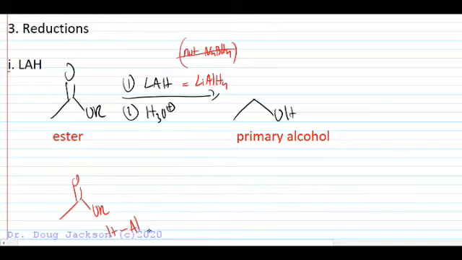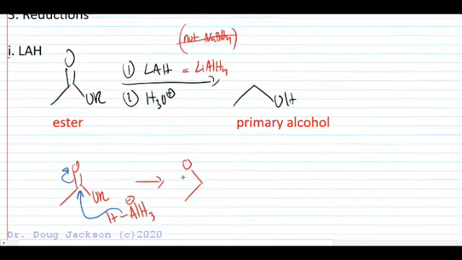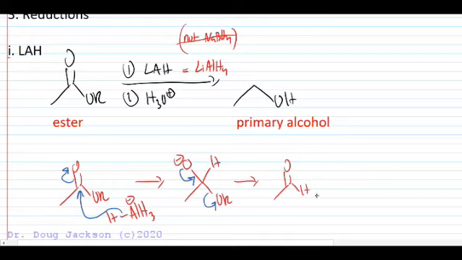So what do we do? We take our hydride from aluminum hydride. It acts as a nucleophile to that carbonyl, makes a tetrahedral intermediate. Not reversible because hydrogen is a poor leaving group. At this point, the carbonyl reforms, kicks off our alkoxide, and briefly we get an aldehyde.